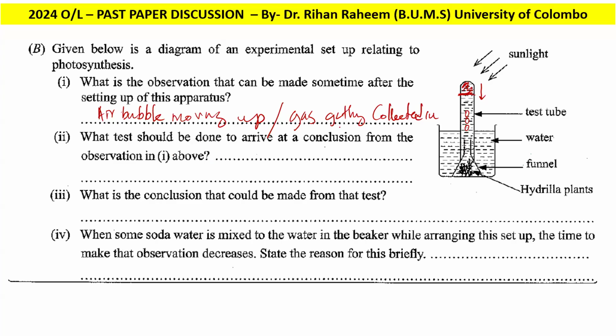Okay. First, to check what is the gas, what test should we do? We have to insert a glowing splinter. Insert a glowing splinter. That is the main test for oxygen. What is the conclusion that can be made from that test?